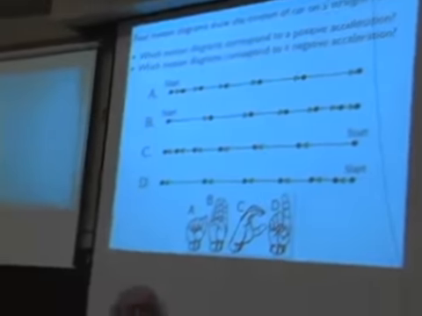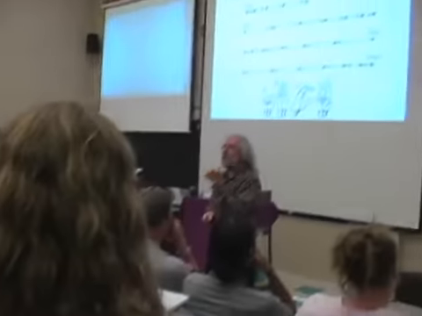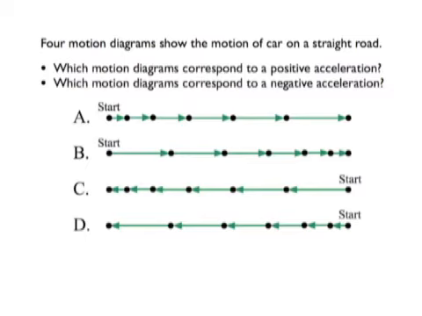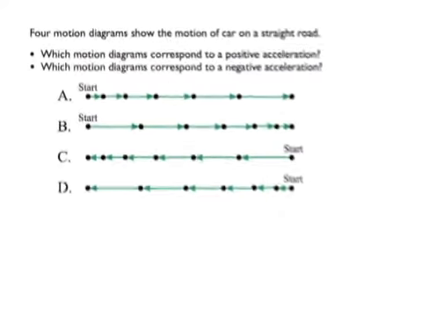Think about the direction, not of the velocity, but the direction of the change. Is the direction of the change to the right, in which case it's positive, or is the direction of the change to the left, in which case it's negative? Talk to your neighbors. Which graphs are positive accelerations? Which ones are negative? Let's do positive first. Go ahead and talk, and I'll call for a vote.